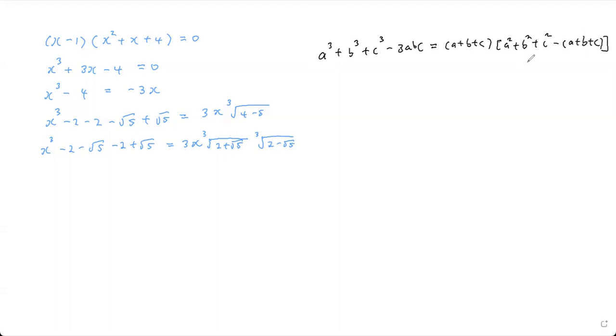Okay, so this is the identity that I'm using, right? So previously I've talked about how to factorize this. Okay, so this is the result, all right? So factorizing this will give you this expression.